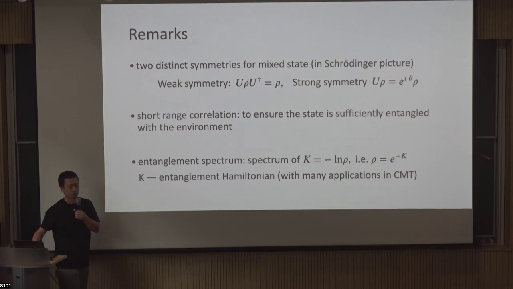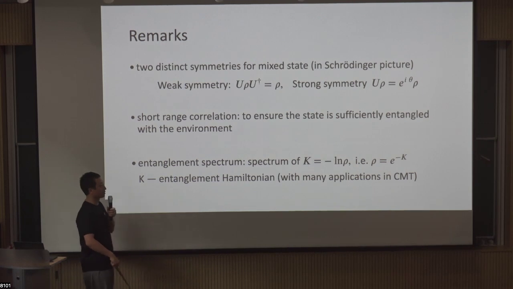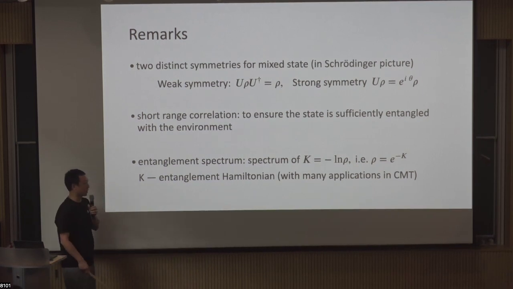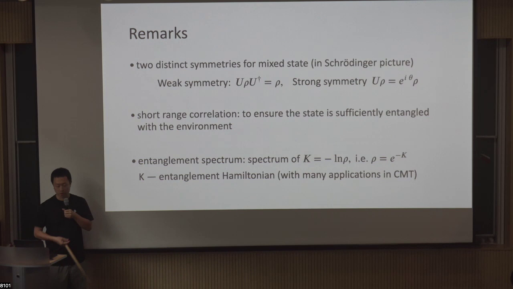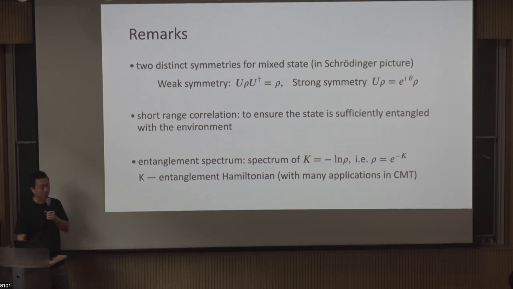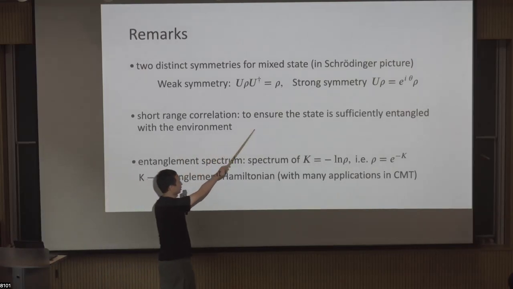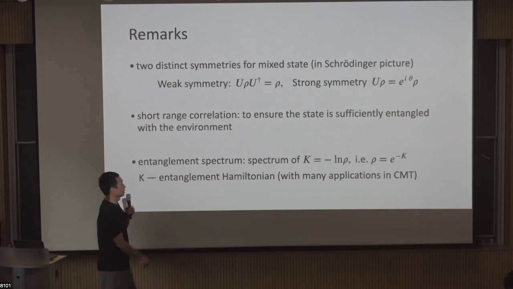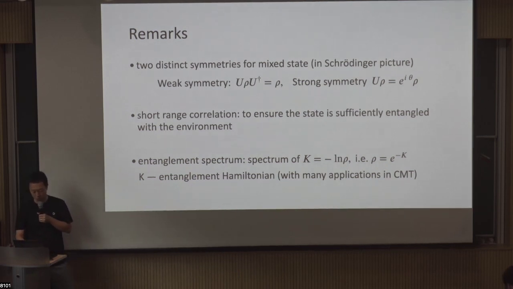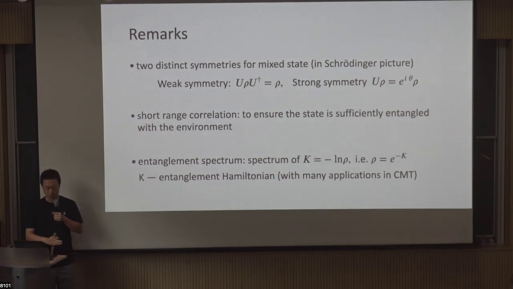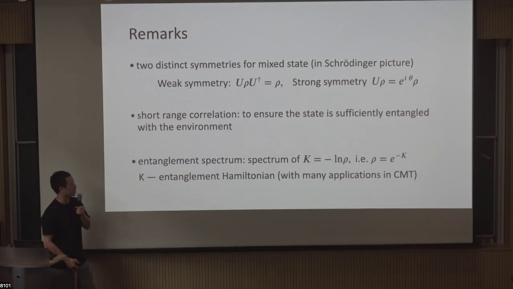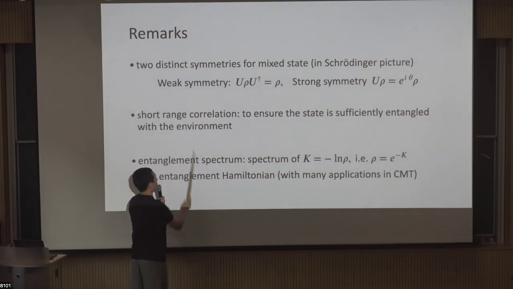So it's like a dynamical thing: if you start with some symmetric state, after some time evolution you end up with some symmetric state. Here, since I'm not going to use a Hamiltonian description, I'm only referring to the states, so I'm basically using the Schrodinger picture. I require my state to always be symmetric along the whole process, along any kind of dynamical evolution or channel. So I impose the weak symmetry.